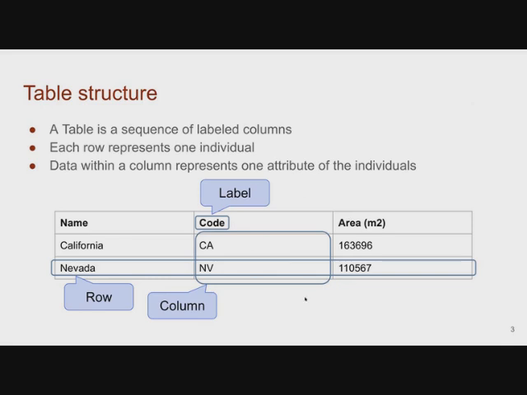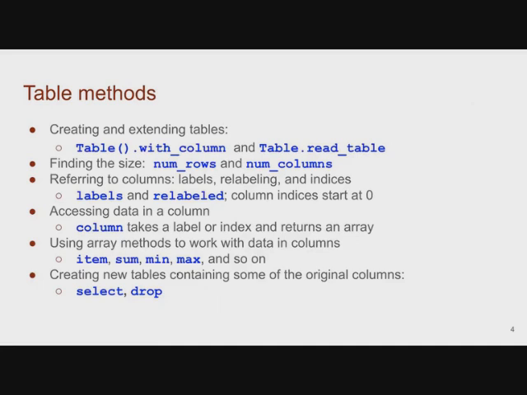Each row is an individual, and I like to think of it as its own data point. By putting them together, we have our data. And there are a number of methods that operate on tables. Once we have a table, there's a bunch of methods that we can use.